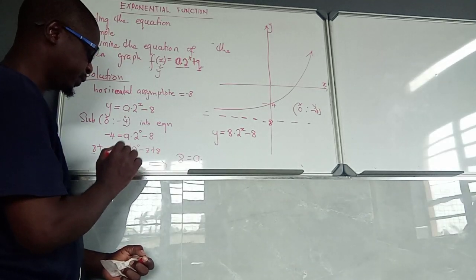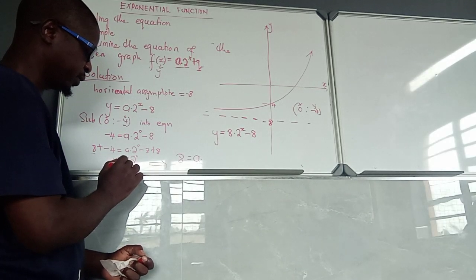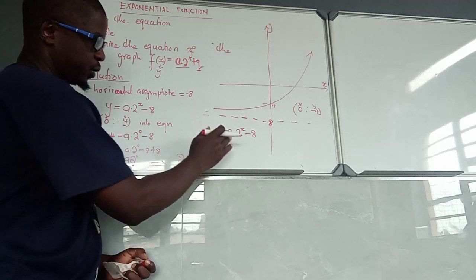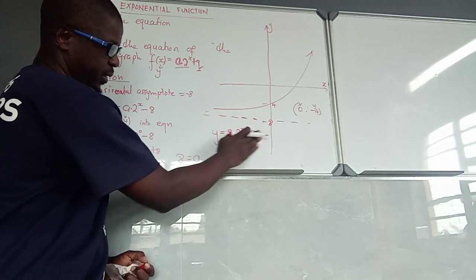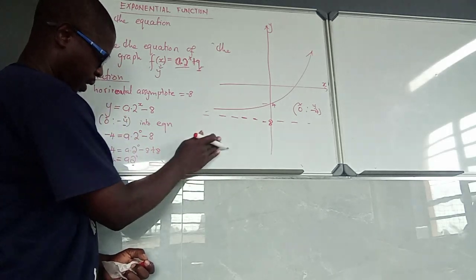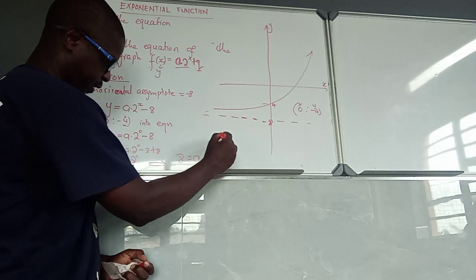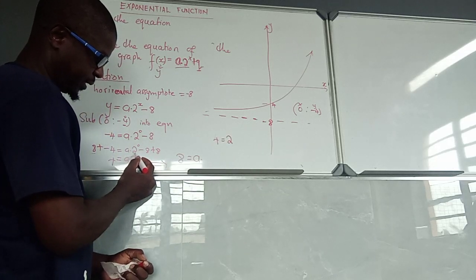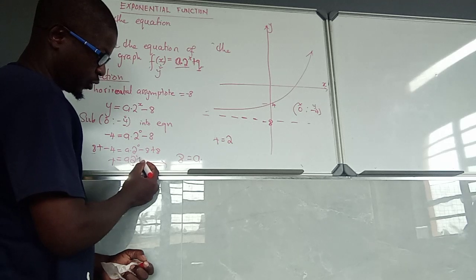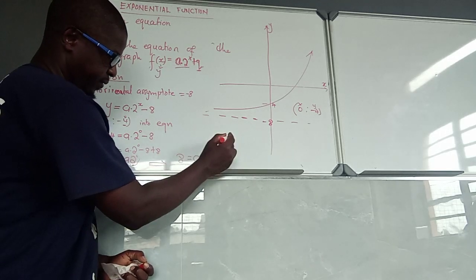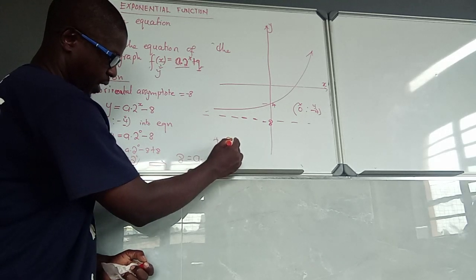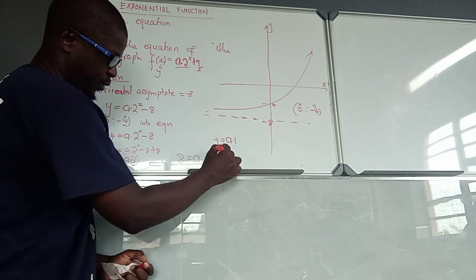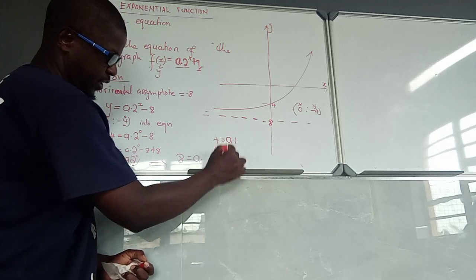So 4 is equal to a times 2 to the power of 0. Any number that is raised to the power of 0 is 1. So we have a times 1, and a times 1 is a.